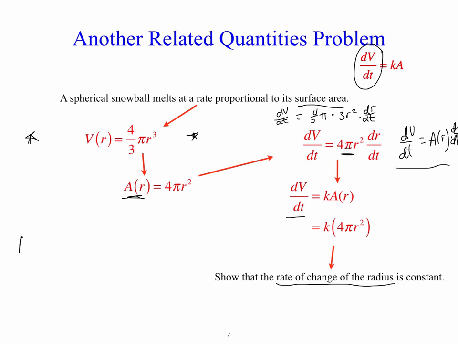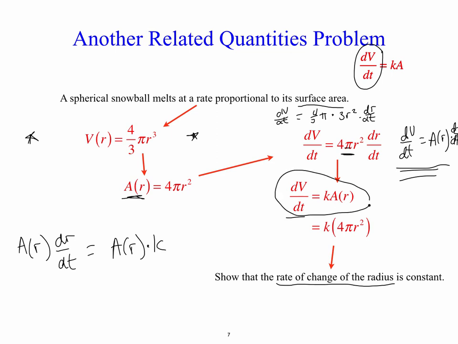If I set them equal, taking this formula and this formula for the rate of change of volume with respect to time, what do we discover? The rate of change of the radius with respect to time is a constant. And that's what we were trying to show.